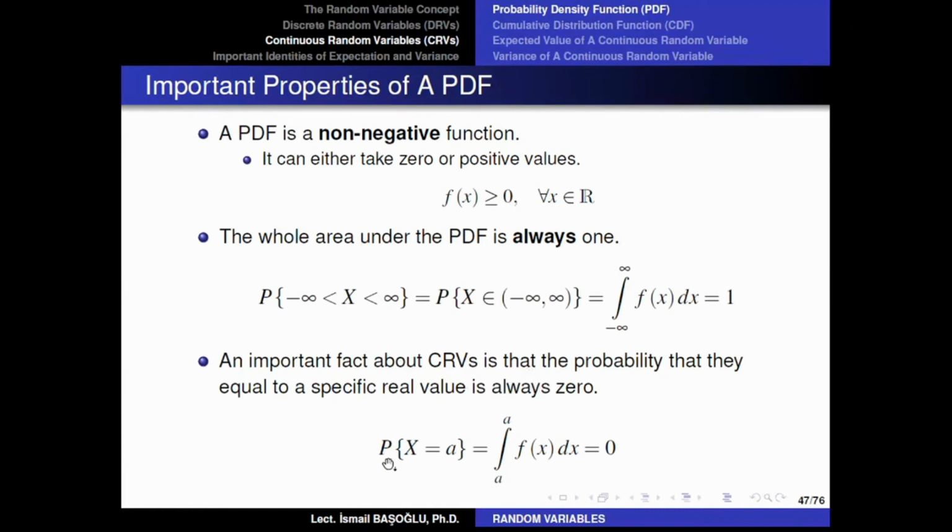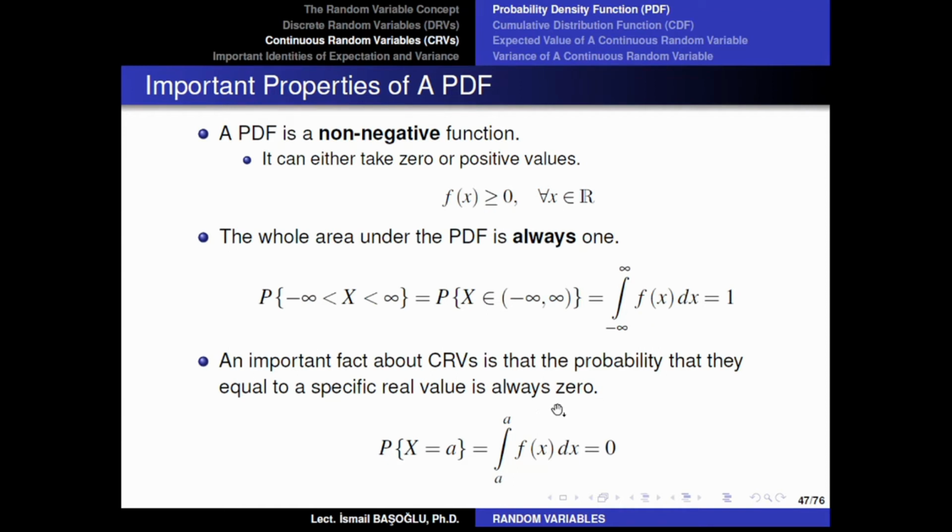And another important fact about continuous random variables that you need to understand at this point is, if you are interested in calculating the probability of a random variable to be equal to a value, okay, then you are supposed to integrate the PDF between A and A. If this value is A, then you are supposed to integrate the PDF from A to A. Obviously, this integral will give you a 0. Because of that reason, we should say that for a continuous random variable, the probability of it to be equal to a specific real value is always assumed as 0.